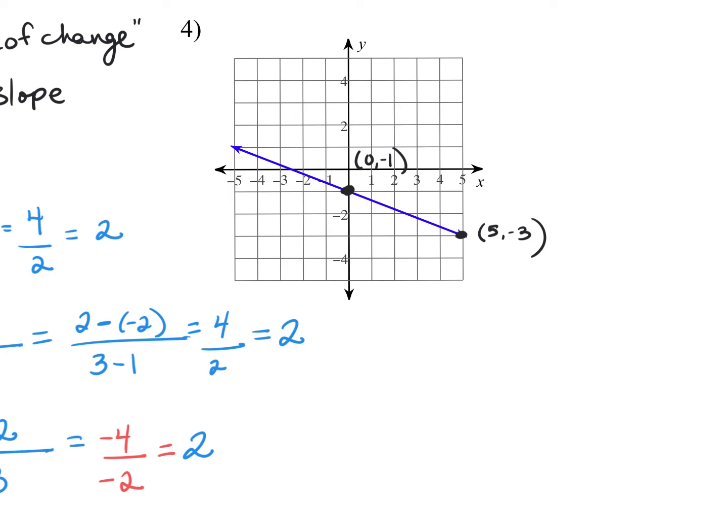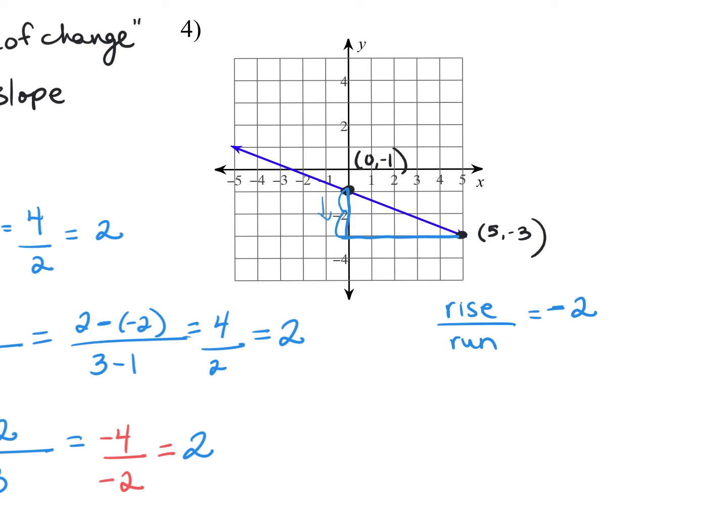Okay, so hopefully you were able to get an answer for what the slope or rate of change value is. Now here, you'll notice if I count my rise over run, I actually counted down 2 units. 1, 2.